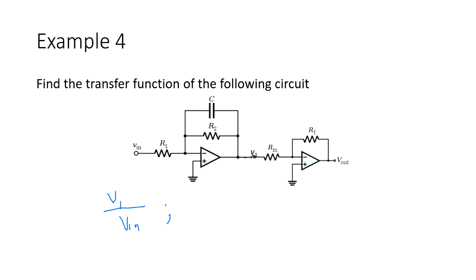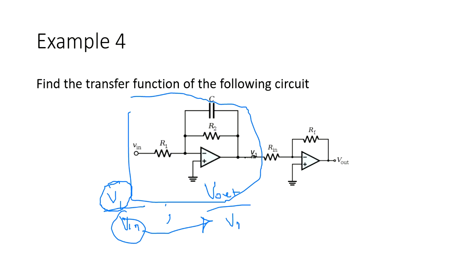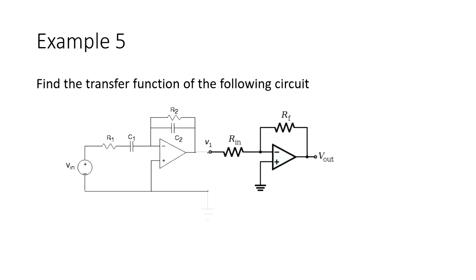And then we find V out over V1. Then from this equation, we write V1 in terms of V in and substitute it here. So once you break it down into two circuits, find this, and then substitute, it becomes easy. Again, this is part of what you did in circuit theory.